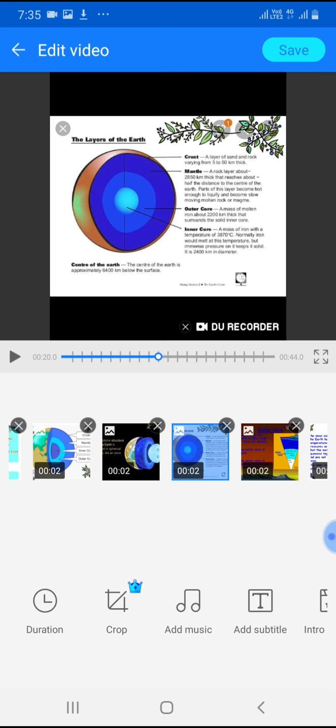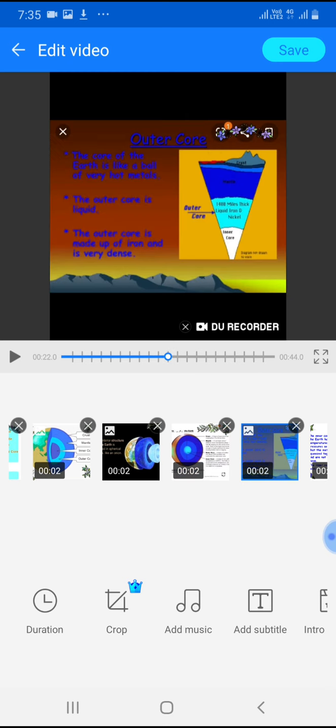Now let me tell you about the outer core. Now what is this outer core? You can see this diagram. With the help of this diagram, you can understand the outer core. A mass of molten iron about 2200 km thick that surrounds the solid inner core.